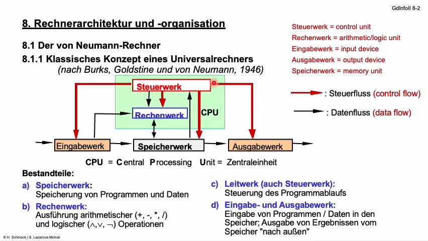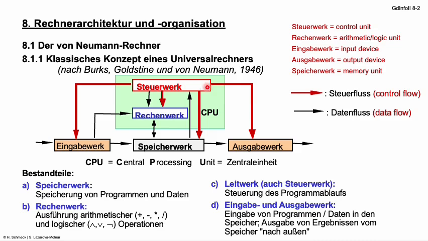In addition to the CPU, the von Neumann architecture also contains an input device or input unit, an output device or output unit, and a memory unit. And there are different kinds of flows or connections, or interactions, between the different units. You can see here from the control unit, the red arrows denote the control flow.